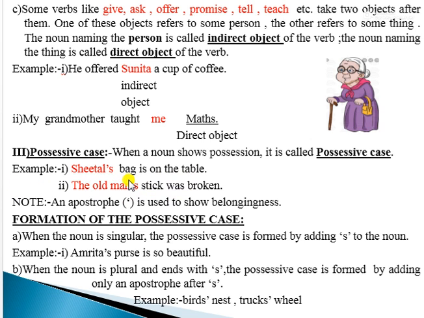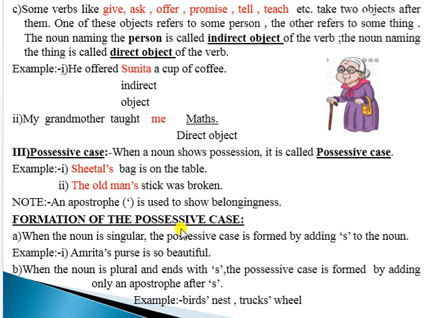Whose bag is it? Sheetal's bag. The bag belongs to Sheetal. Number 2, the old man's stick, and the stick belongs to the old man. Here it shows the possession or the belongingness. Keynote: an apostrophe is used to show belongingness.